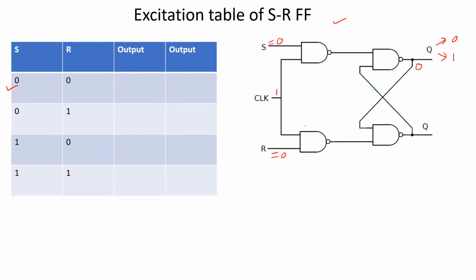Now this 1 0 becomes 1, 1 0 becomes 1 here. This 0 which is assumed comes here, 1 0 at the output here becomes 1. This is my Q bar. This 1 goes here, 1 1 becomes 0. That means I assumed 0 and it remained 0, as we have seen.